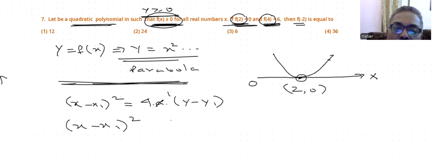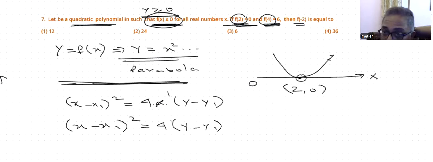If you put y equal to 0 here, then only x equal to 2 will make y come as 0. Otherwise it is not possible. So y is 0 at x is 2. Another point here is x is 4, y is 6.